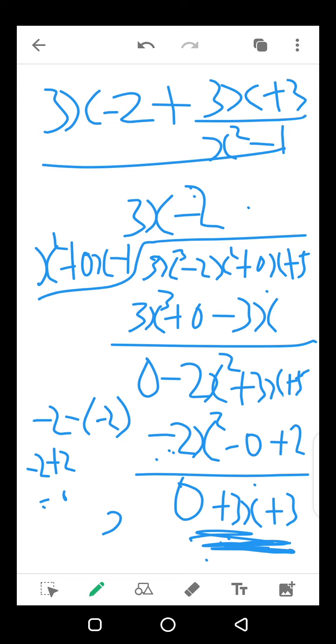If you like, we introduce the 0x, but that one doesn't make meaning. Again, it doesn't change anything because we don't want to perform any arithmetic with it. So if we want to write the final answer, we can remove the 0 that we introduced. So this becomes the answer.